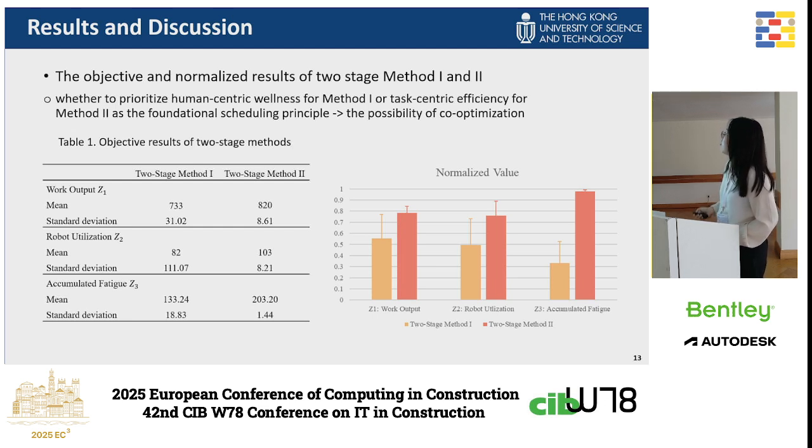So it's actually a question of whether we prioritize human-centric wellness, as in method 1, or task-centric efficiency, as in method 2, as the foundational task scheduling principle. That may open some possibility in the future for co-optimization, given the trade-off between human-centric and task-centric.